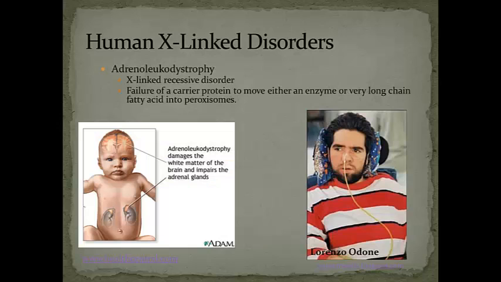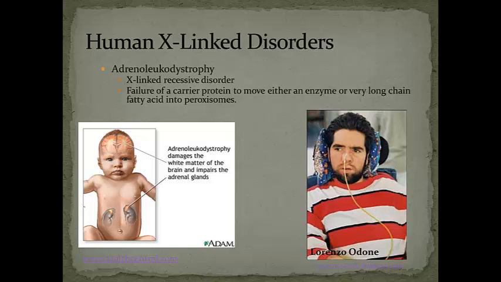Okay. Now, color blindness, you can't be a fighter pilot, but in the grand scheme, it's not going to wreck your life. This one's nasty. Adrenoleukodystrophy, also known as ALD. It's caused by an issue with the peroxisomes.